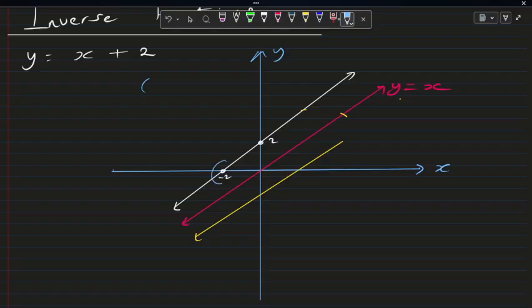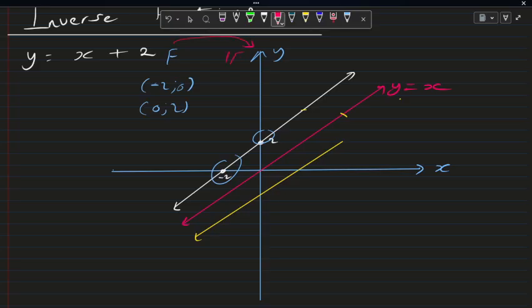We have this point which is negative 2 and 0, and then we have that point which is 0 and 2. Now these points belong to the function. Let's see how we're going to move from here to an inverse function.